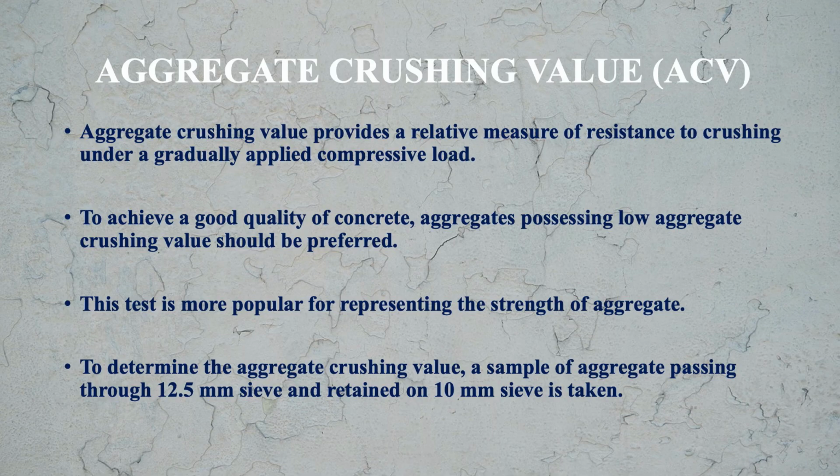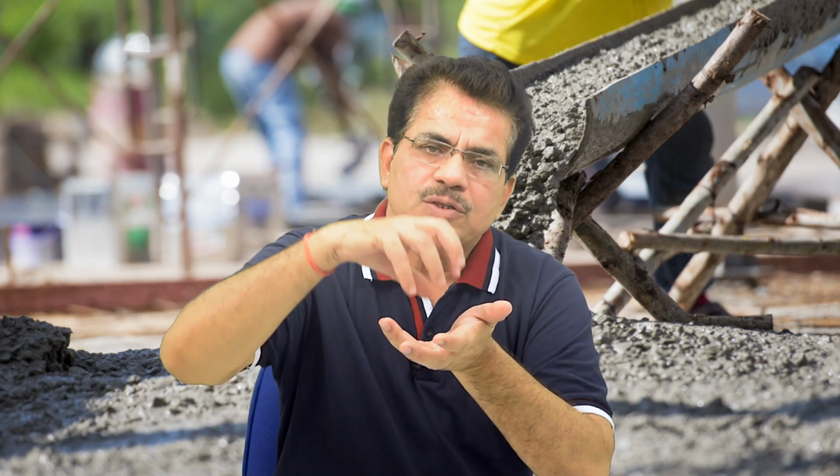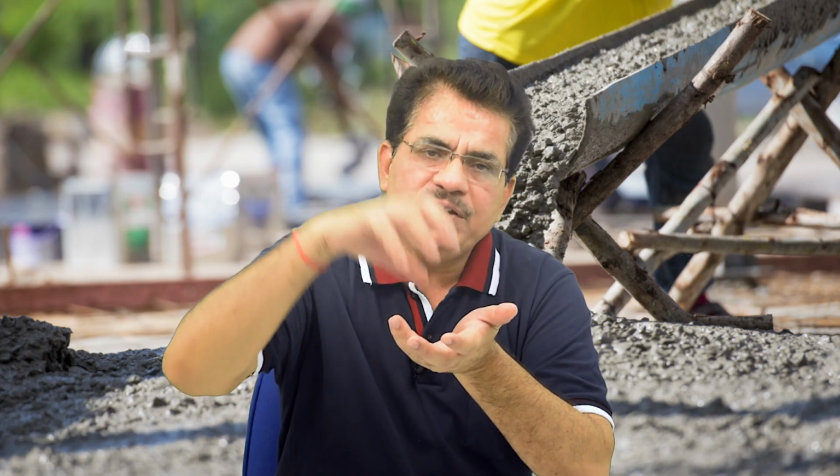So how do we determine it? To determine the aggregate crushing value, a sample of aggregate passing through the 12.5 mm sieve and retained on the 10 mm sieve is taken. Means you pass the aggregate through the 12.5 mm sieve, and the sample retained on the 10 mm sieve will be taken for this aggregate crushing value test.